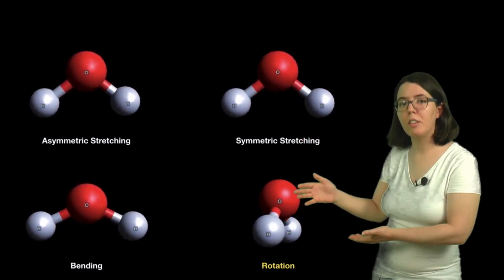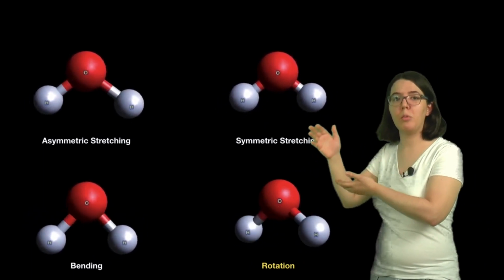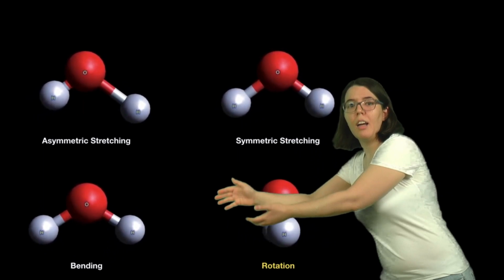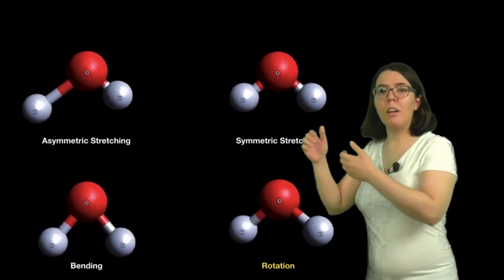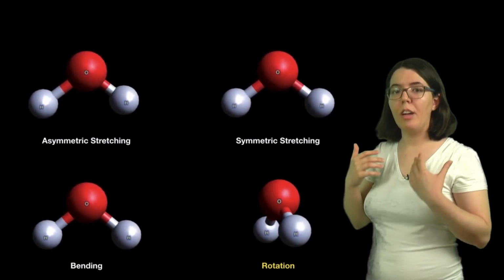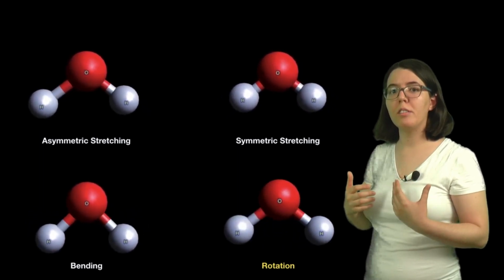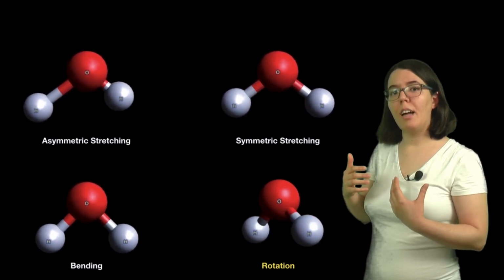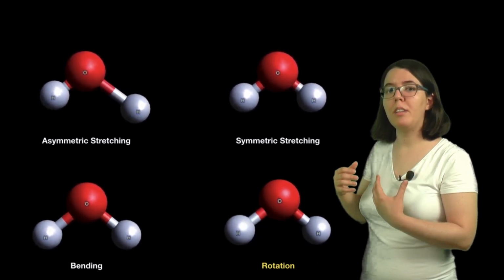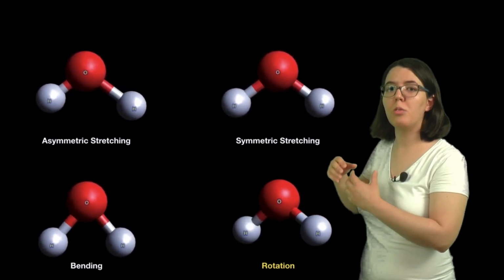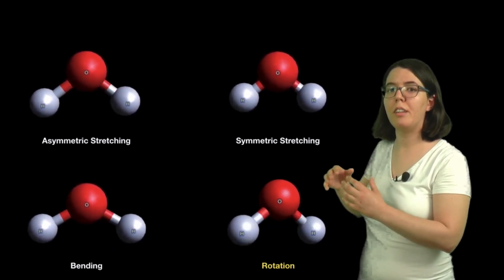Here we have the rotation and 3 modes of vibration: symmetric stretching, asymmetric stretching, and bending. However, since space is a very cold environment, we find water in the form of ice. And this ice is amorphous, which means the organization of water molecules is not regular, it's completely random.